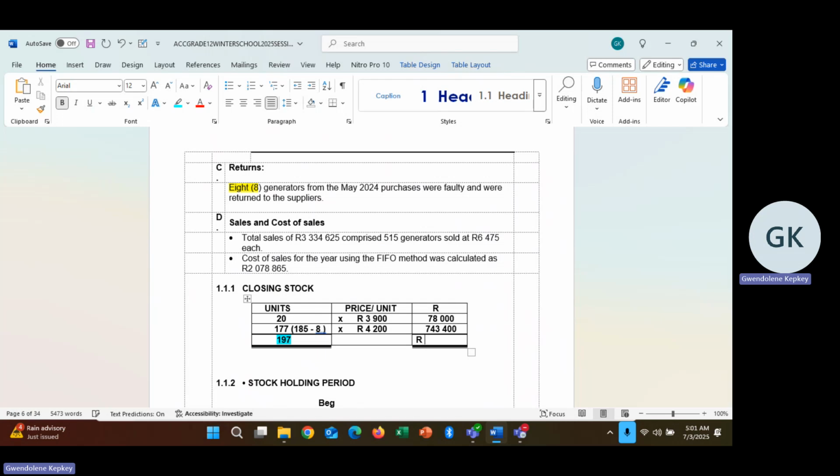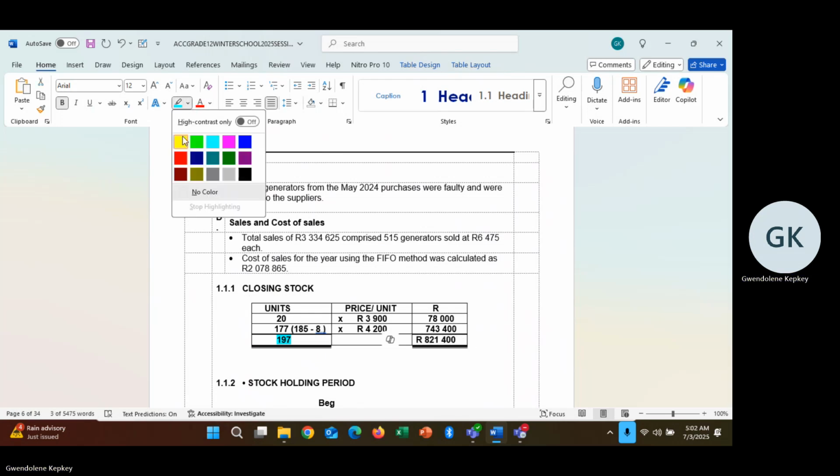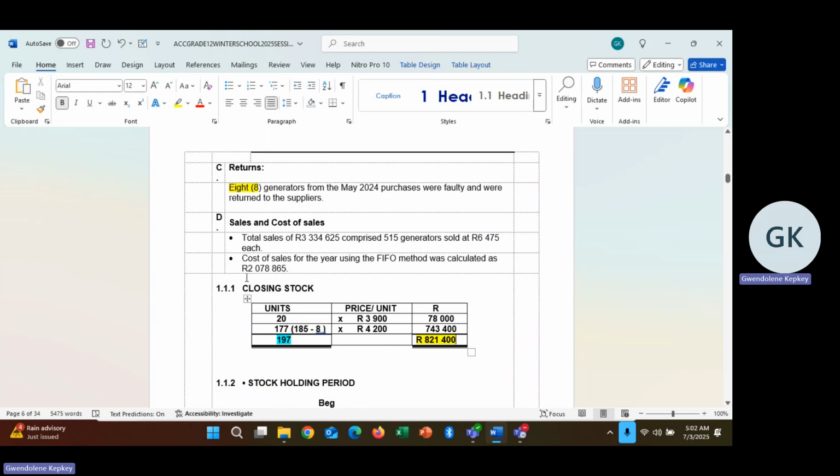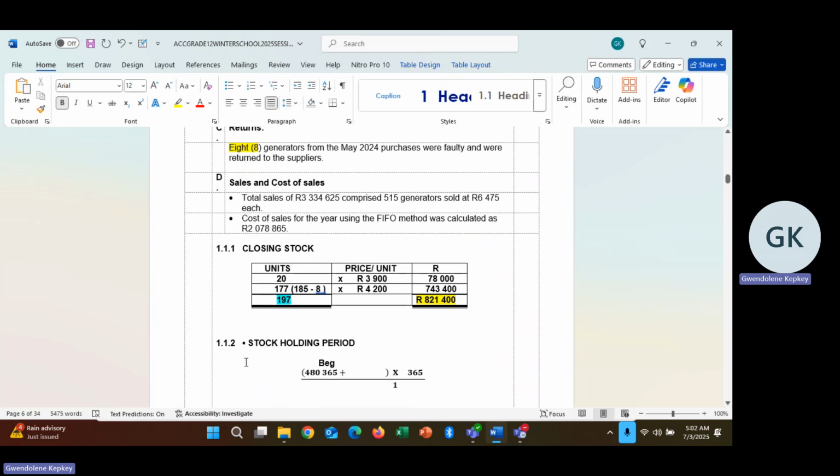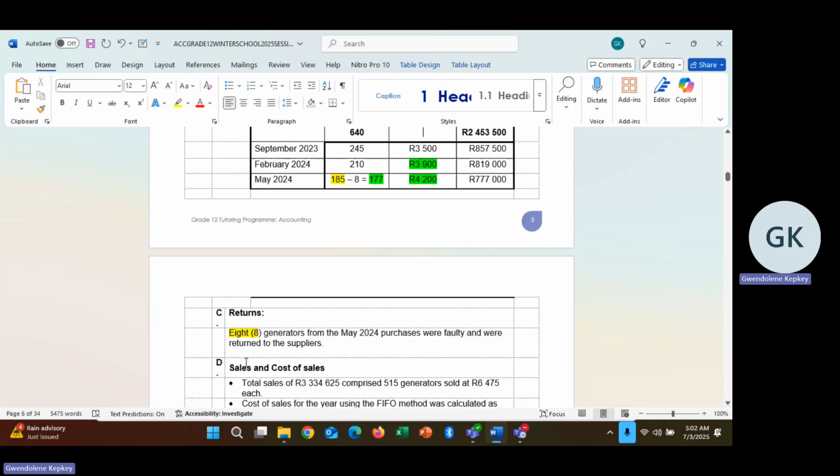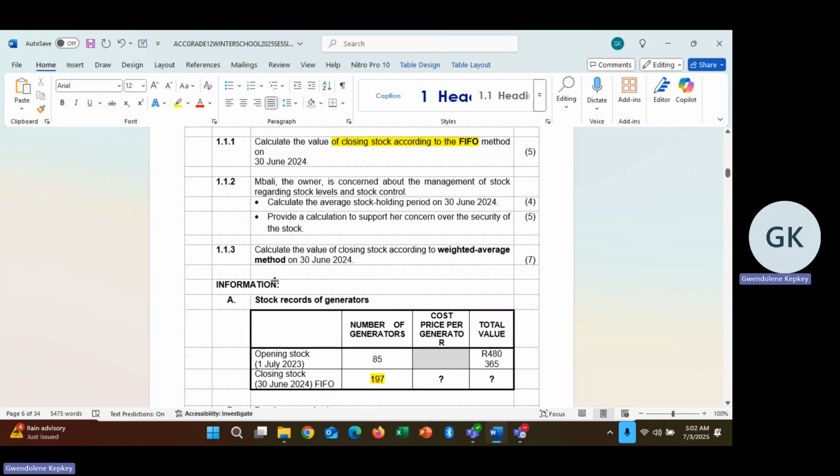Your rand value of these two added will be 821,400. So this is the value of my closing stock. That's 1.1.1. Now we move on. The next question. Let's go and check before I just jump into the question.